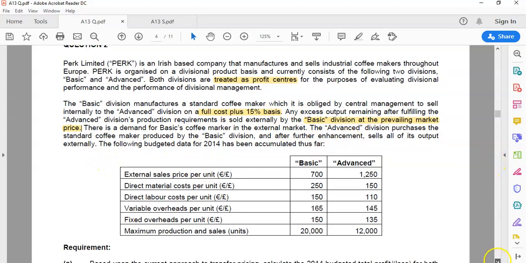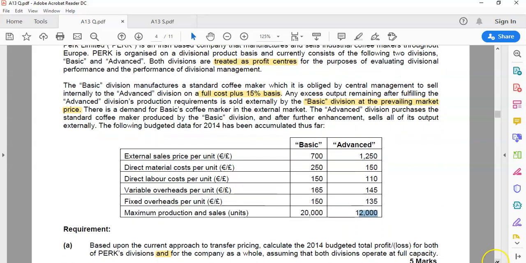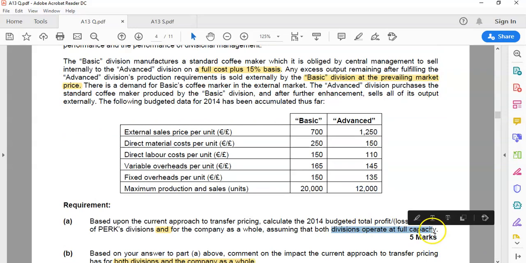So there you're given the information. Basic can sell externally at 700, or they can sell internally at full cost plus 15%, so it's actually two different prices. There are your costs, and there's your volume. Basic, the first division, has a volume of 20,000, but advanced only needs 12,000. Again, you're trying to read between the lines. You're told in part A to assume they operate at full capacity.